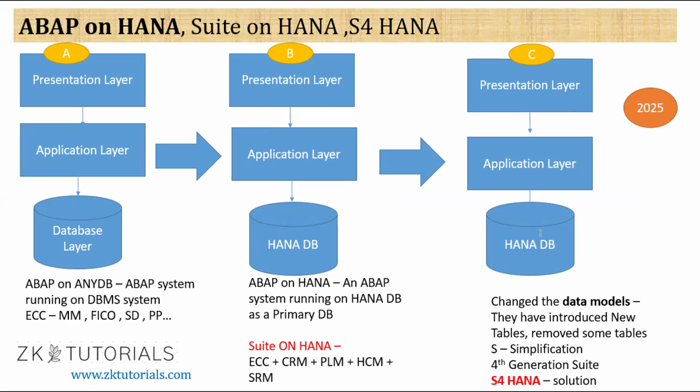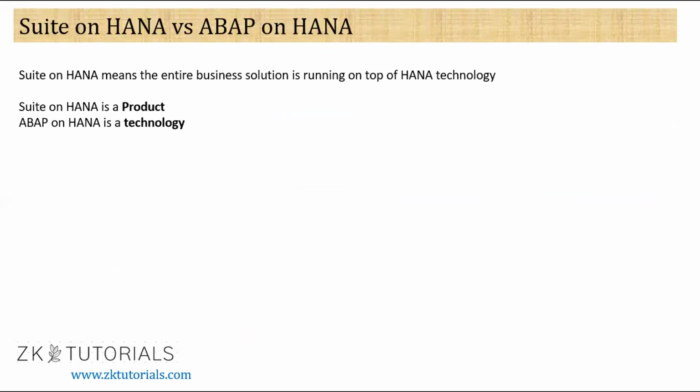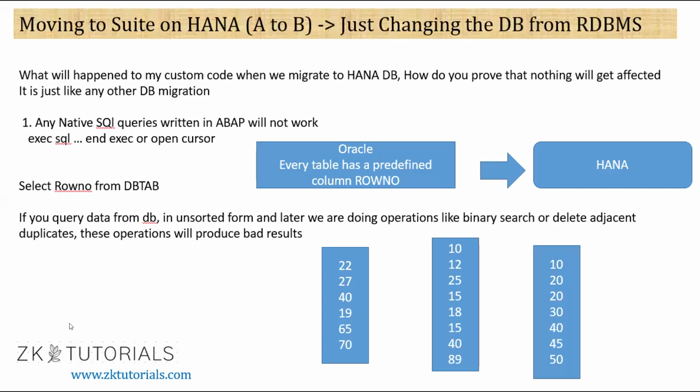The third is where the database is HANA only, but some data models have changed. They came up with new tables and also removed some old tables. When the database changes, obviously there will be some effect on the code also. I have told you some of the issues, like if the data is in an unsorted manner.